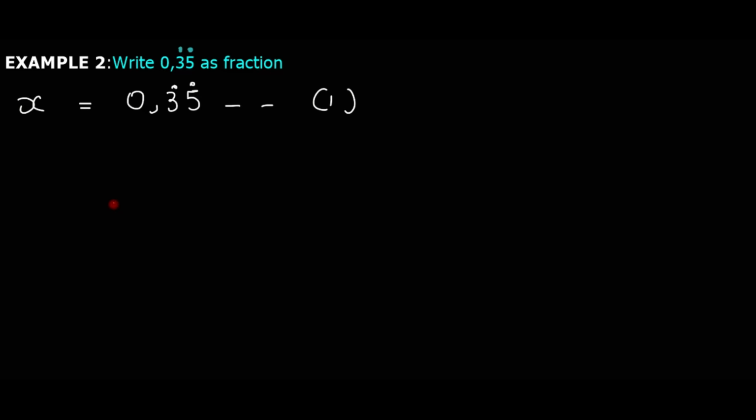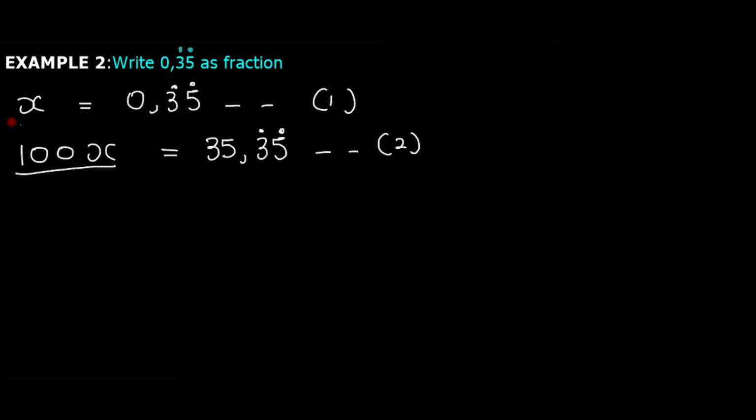So step number 2, we multiply our equation 1 by either 10, 100, 1000, etc., depending on how many numbers we have. Because we have 2 numbers, we multiply by 100, so we get 100 times x, which gives 100x, and then 100 times 0.35 recurring gives 35.35 recurring. We name this our equation 2.